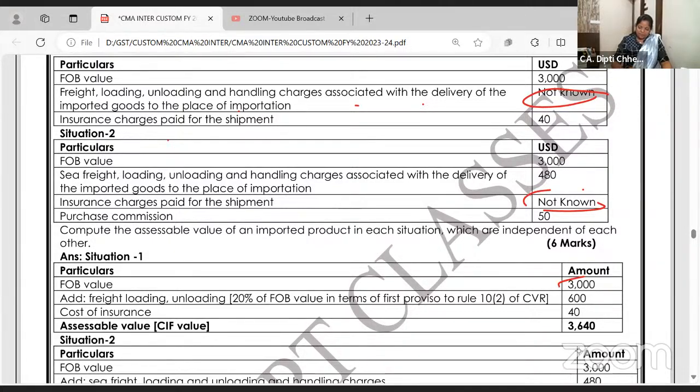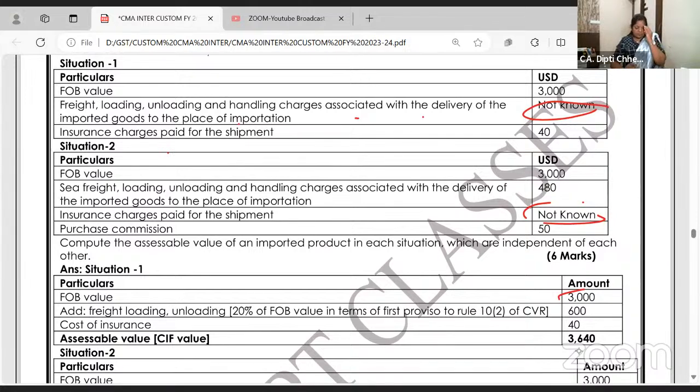3,000. Now freight is not given. So how much should we take? As per the customs valuation rules, 20% of the FOB.